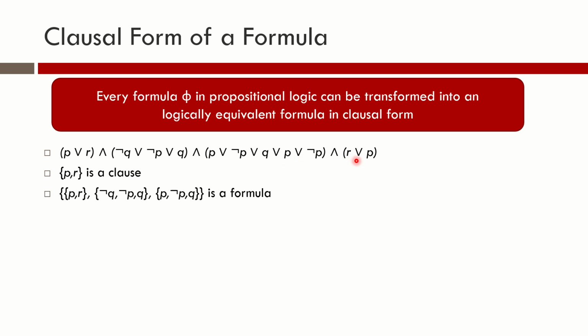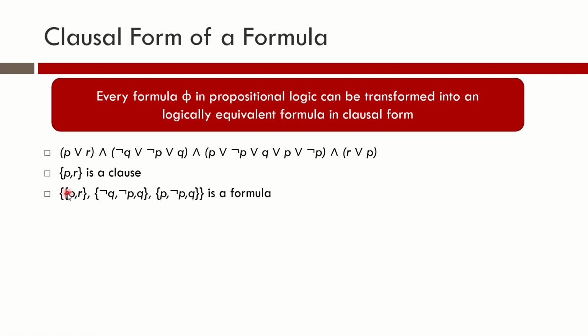And this clause is R comma P, which is already here in this set, so we don't have to include it. The reason is that this P or R will have a truth value. If P is true and say R is false, in that case the truth value of this is true. In the same way, the truth value of this also is true. It is false or true, that is also true. So we need to write it only once.